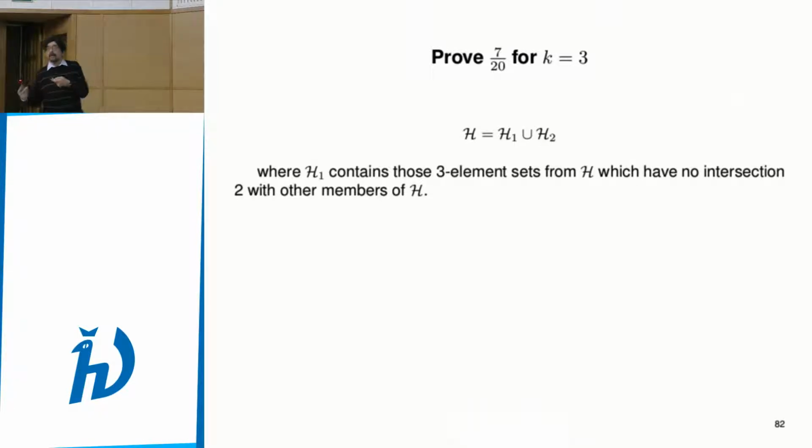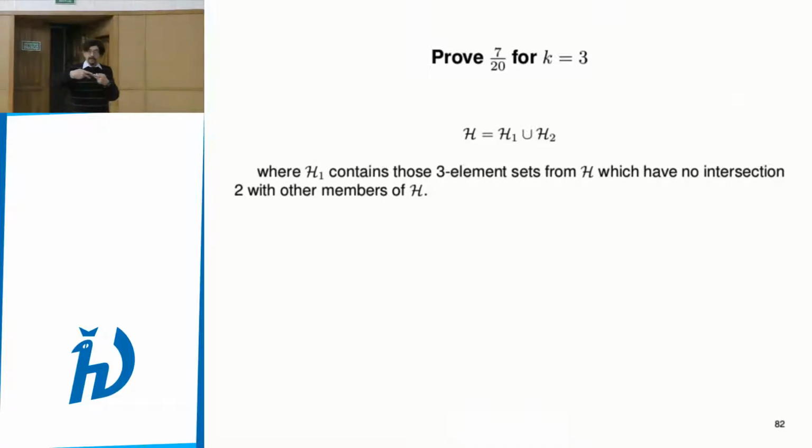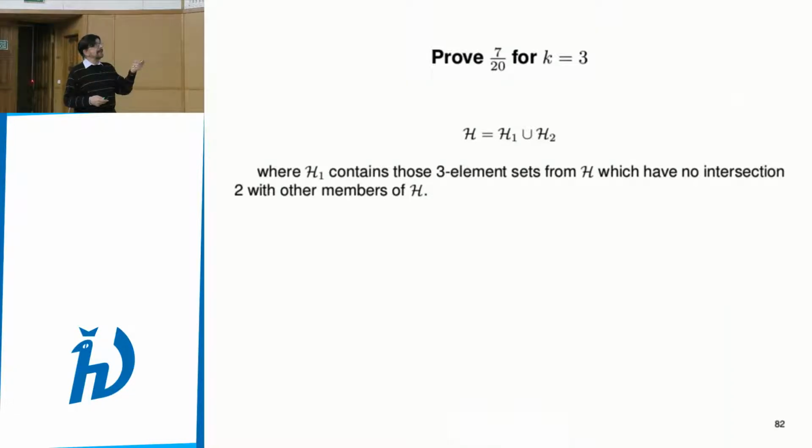It might have a common element, but not a pair of elements. So no common edge. So in this way we partition the class of three-element sets.